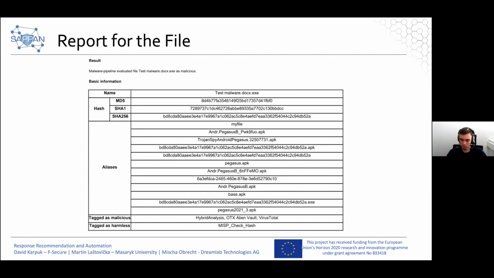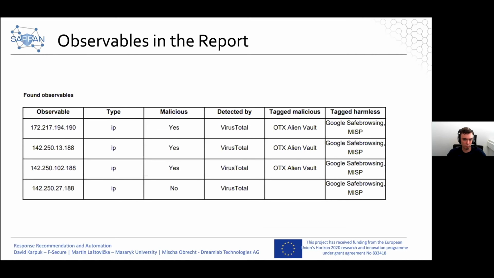On the next slide, we can see the same for the observables, or in this case, IP addresses with which the malware communicated, and the results whether they are malicious or not. In this case, all of the addresses are Google Play Store, used by Google to provide application updates. So they are all harmless, but we can see some tools mark them as malicious.